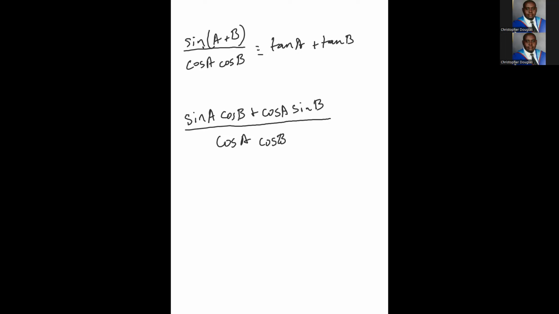Remember, there's a plus sign in the middle, and it's over a single denominator. The single denominator is cos A cos B. Remember, if there's a product in the denominator, it is over a single denominator. It's saying if I have something over 2x, it's not something over 2 and then something over x, it's everything over the same 2x. It's a single denominator.